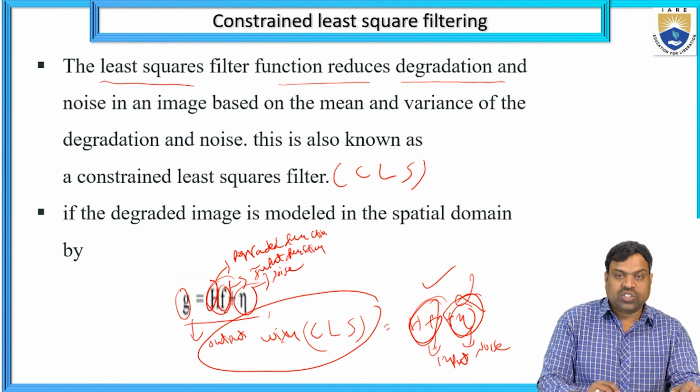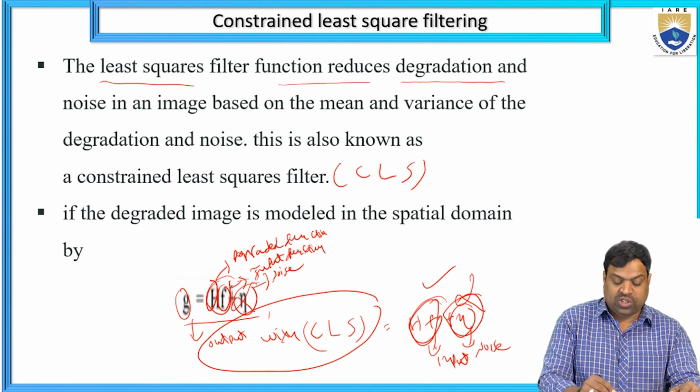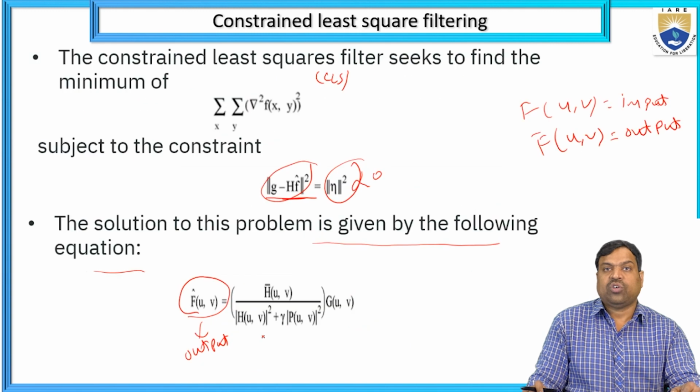H is the degradation function, F is the input function, nu is the noise, the blurred image. Output G, when I use this, we are removing the noise. When I remove the noise, then input equals output.